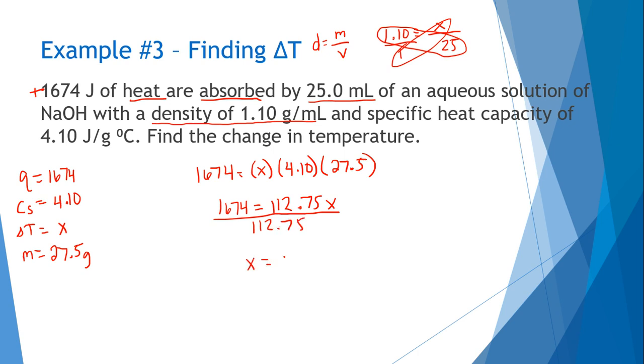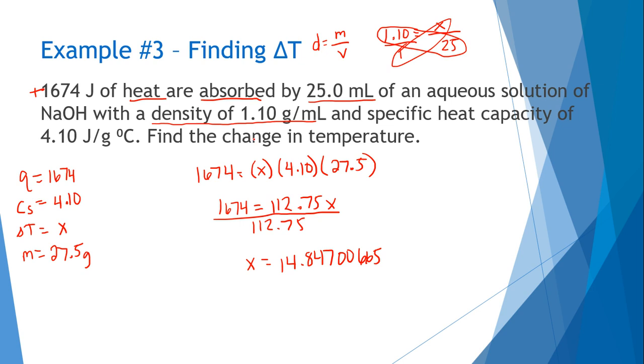We're going to find out that x equals 14.847000665. Here is where a lot of people are going to see an issue. This is going to tell us our change in temperature, and that's what we're looking for.